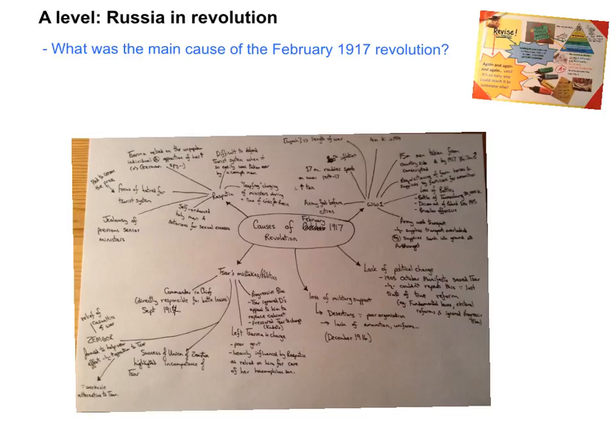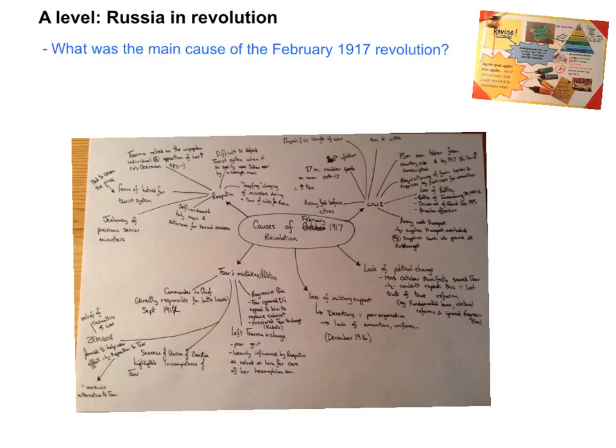So your link sentences at the end of your paragraphs and your conclusion and your introduction should mention what's the main cause, and links in particular. Make sure you're explaining why something is more or less important than the stated factor in the question. In your conclusion, fully explain why something is or isn't the main cause.